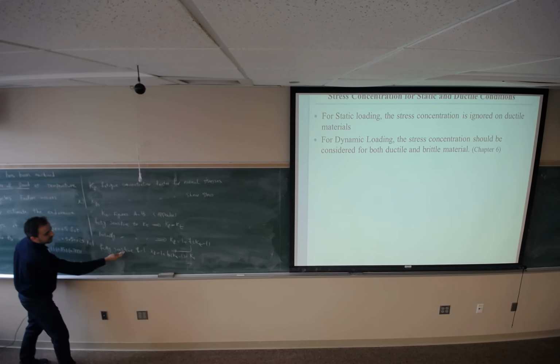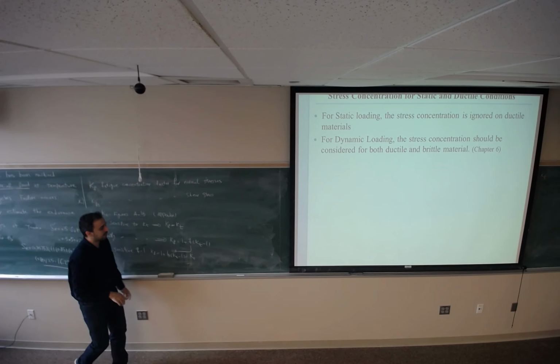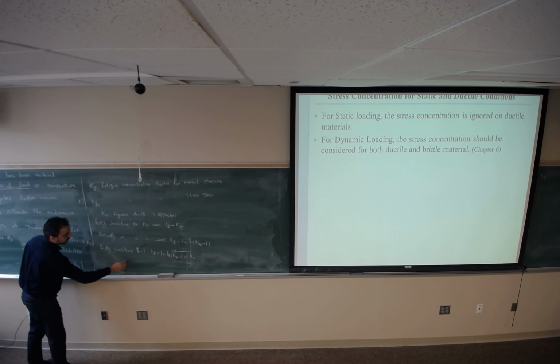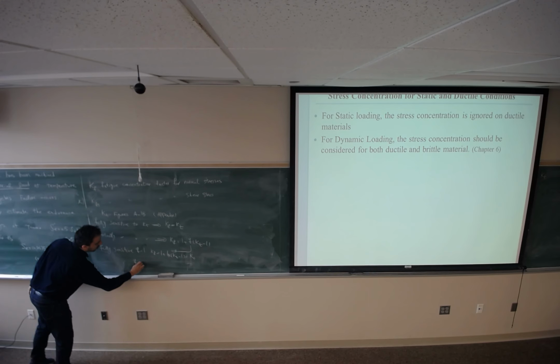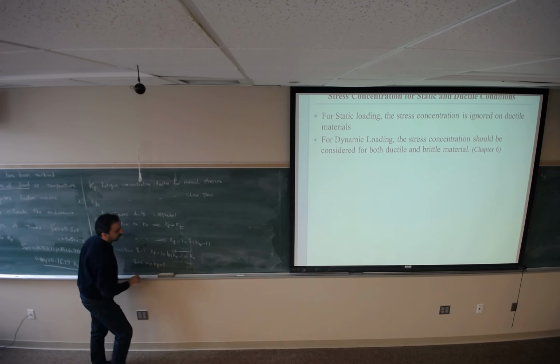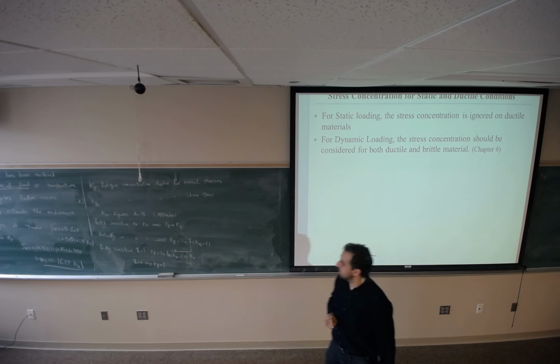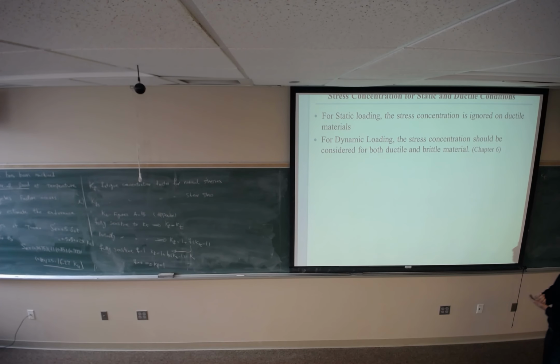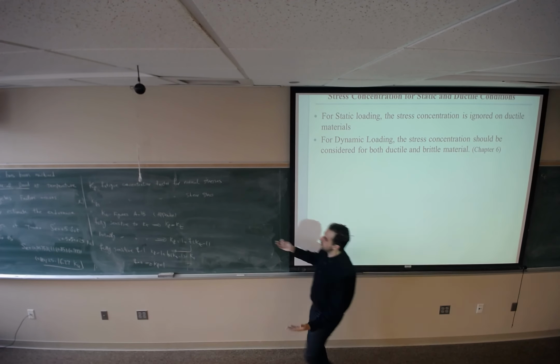Partially sensitive, Q is going to be less than 1. Not sensitive, Q equals 0, and KF equals 1. If it's not sensitive to the fatigue concentration factor, KF is going to be equal to 1, so whatever stress you find, you can use that one.